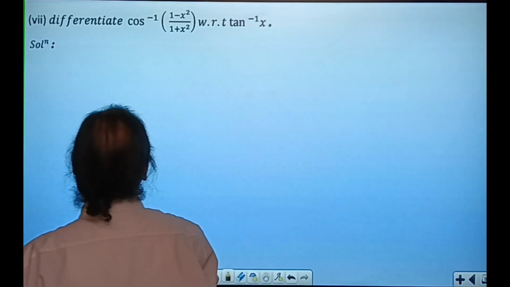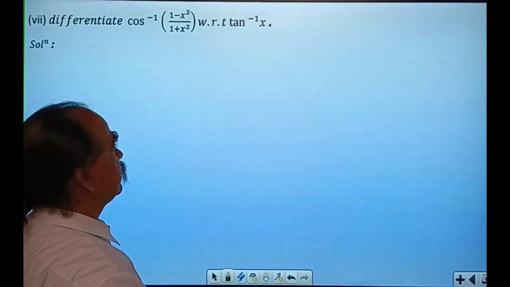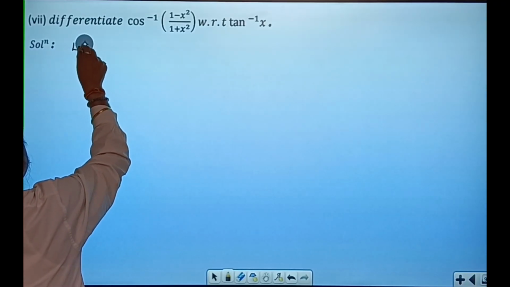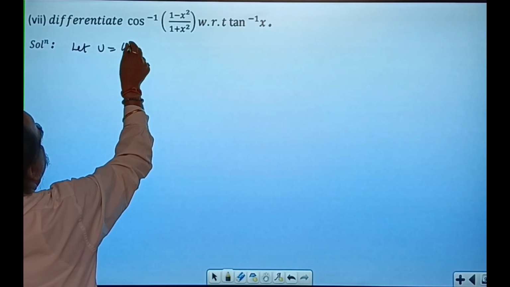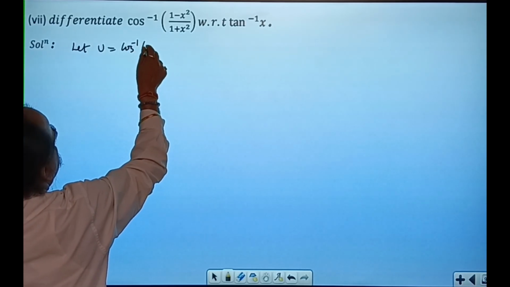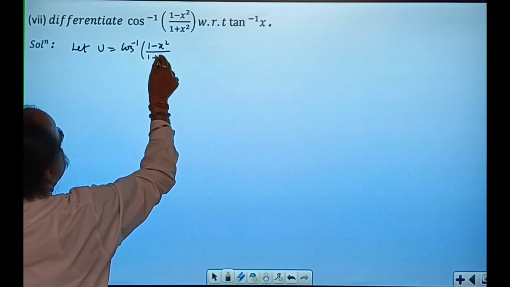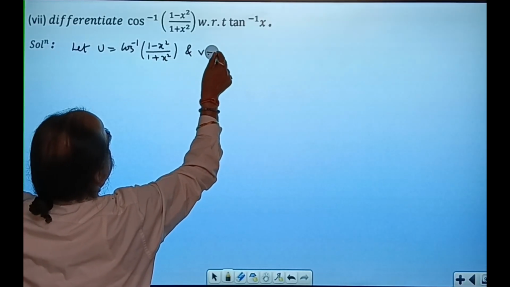Differentiate cos inverse 1 minus x square upon 1 plus x square with respect to tan inverse x. Let u is what? Cos inverse 1 minus x square upon 1 plus x square, and v is what?